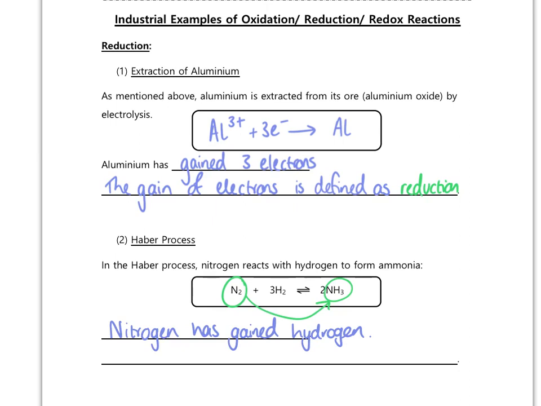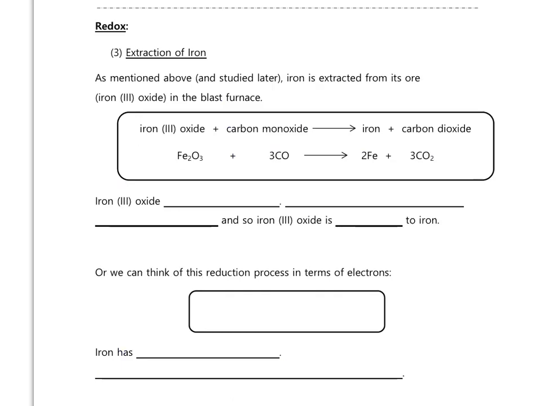And then you need to think, is the gain of hydrogen oxidation or reduction? Go back to your summary if you need, but you should know by now that the gain of hydrogen is defined as reduction. So if you were asked, explain why the Haber process is a reduction reaction, you would say that nitrogen has gained hydrogen, and the gain of hydrogen is defined as reduction.